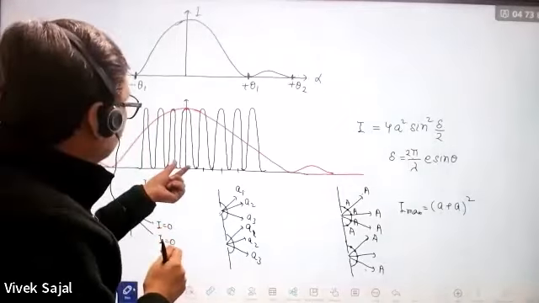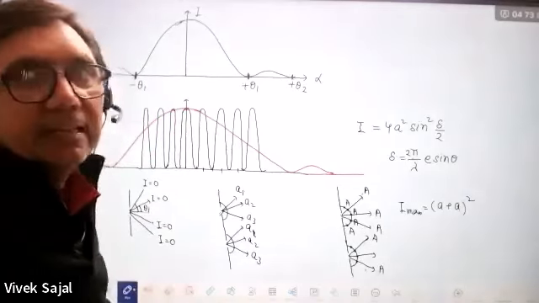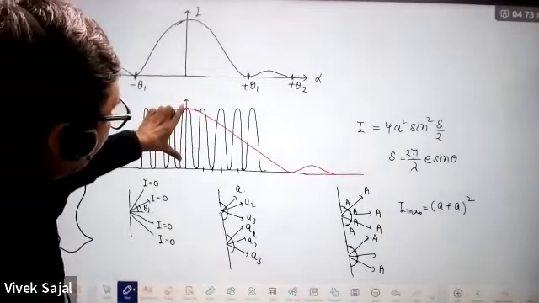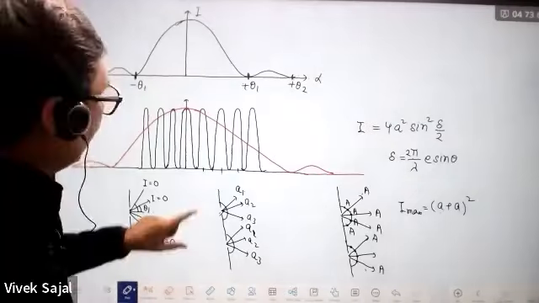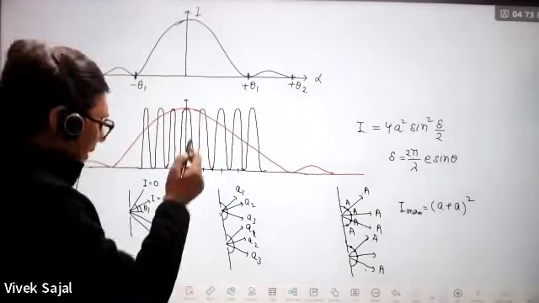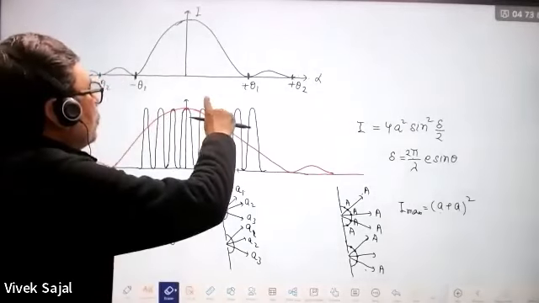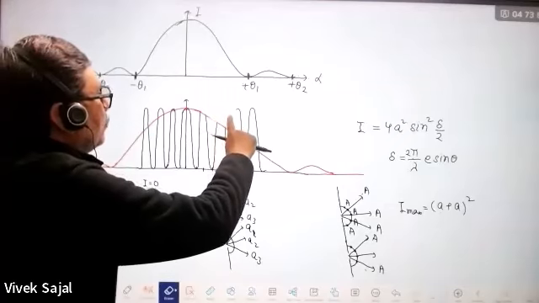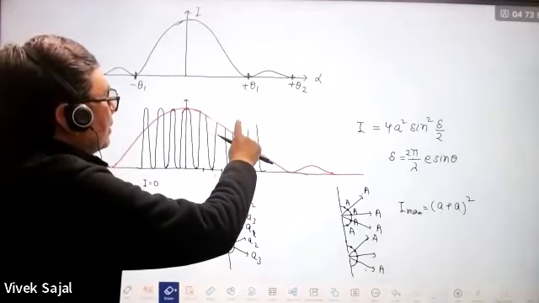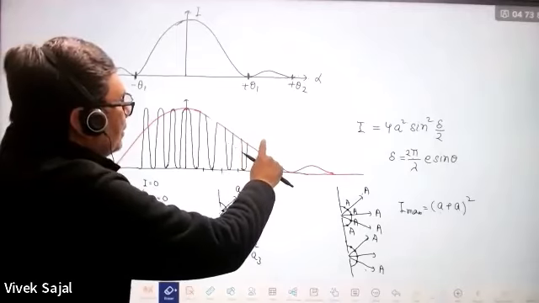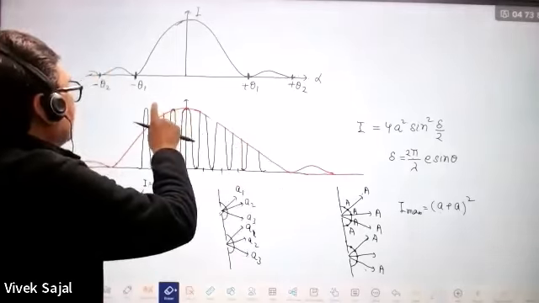So automatically here the height of the interference maxima will be large. But in this direction, the intensity of the propagating light is different. So their heights will be modified due to diffraction. So due to diffraction, you are going to get modified heights of these interference maxima.